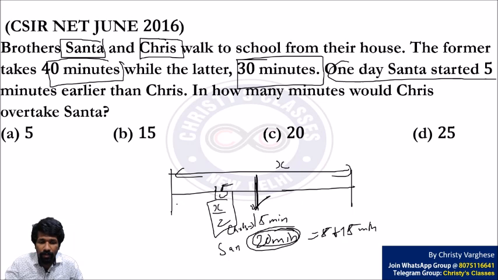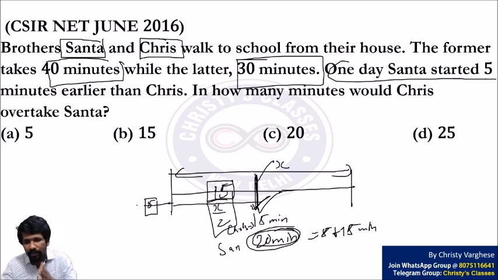Santa took 5 minutes extra, and that 5 minutes plus 15 minutes brings Santa here. Chris taking 15 minutes reaches here. That means at the middle point they will be crossing; Chris and Santa reach the same point. That is why the answer is option B, 15. This is the fastest way of doing it.